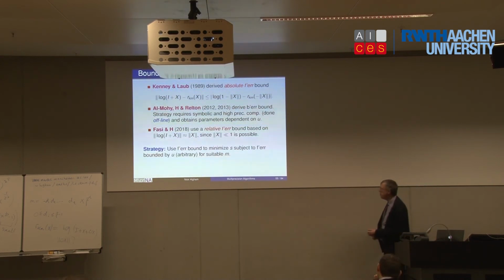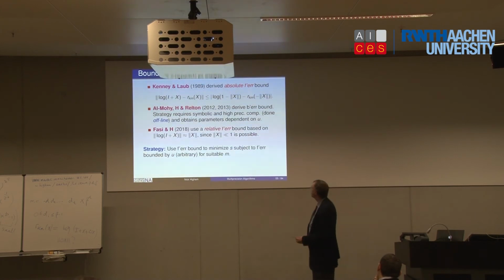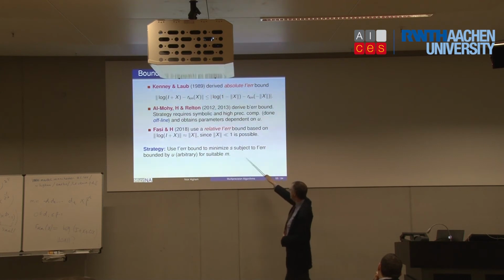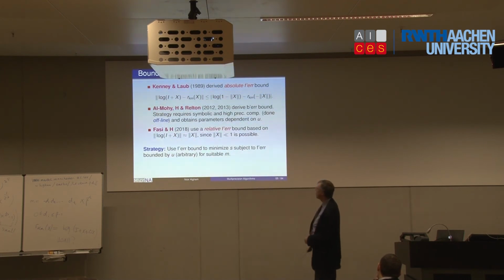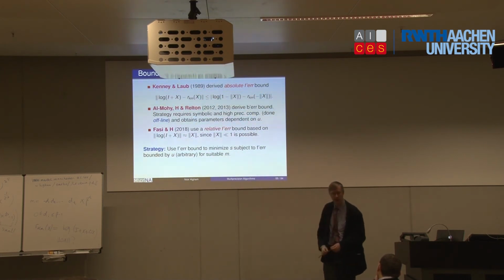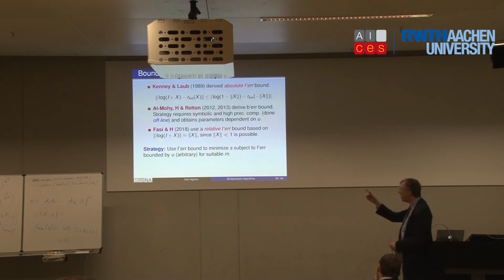So the idea is to bound the forward error, and use the forward error bound to minimize the number of square roots subject to the Padé approximant giving the required accuracy. We take k equals m, so the numerator and denominator have the same degree, a so-called diagonal Padé approximant.